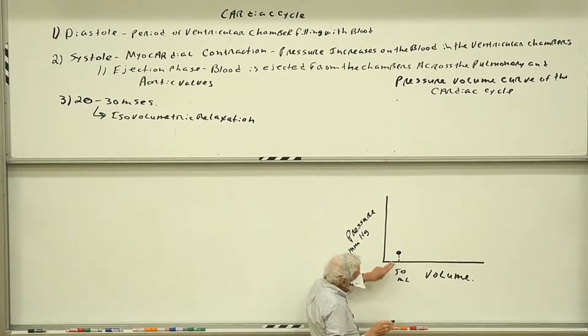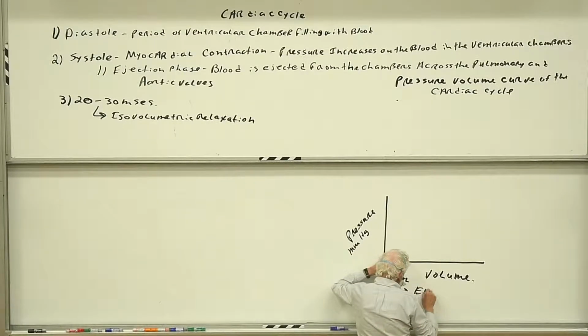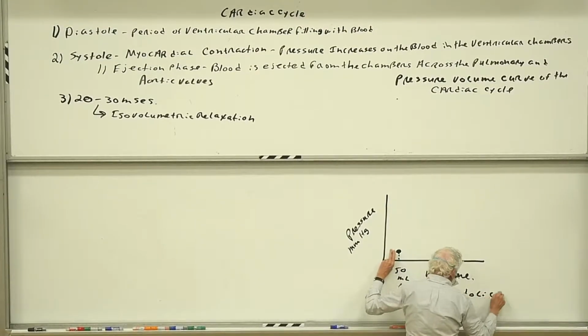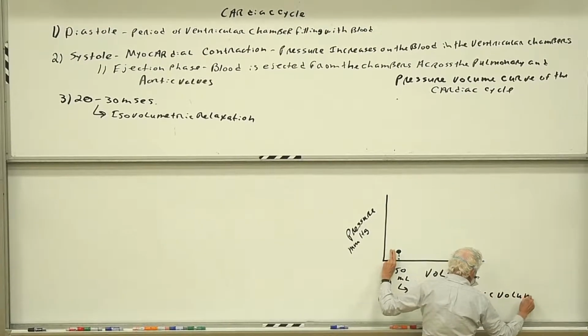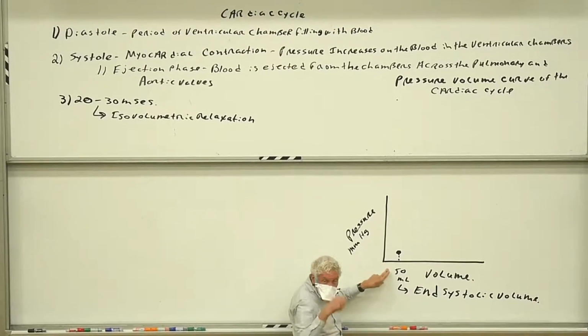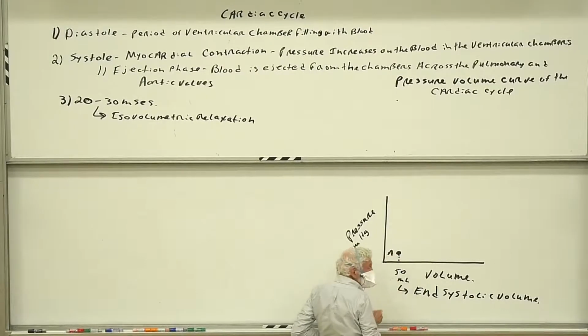This 50 milliliters at point A gets a name. It's said to be the end systolic volume. This is the volume of fluid in the ventricles at the end of the cycle. And we have to start someplace, so we'll start here at A.